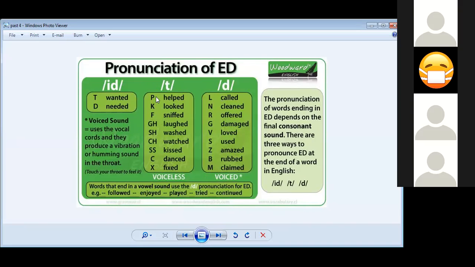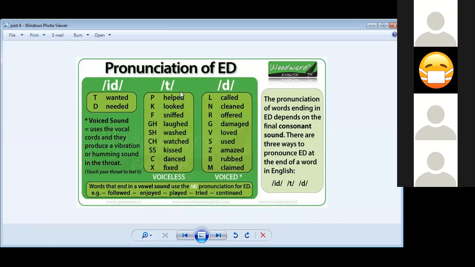When the verb ends with P, K, F, SH, CH, S, and X, you have to pronounce ED as "t", like helped, looked, washed, watched, kissed, danced, and fixed.